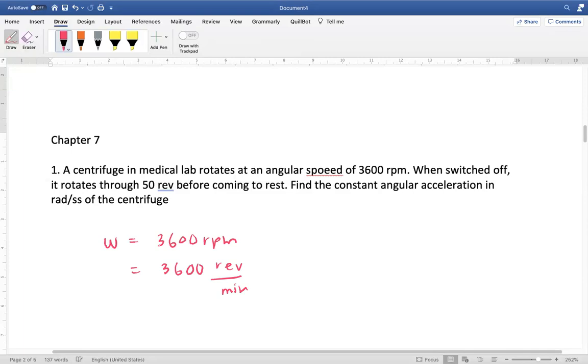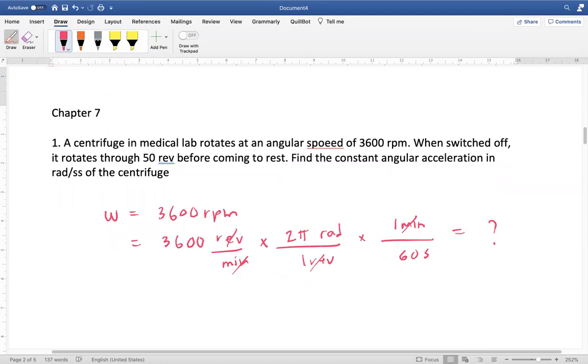What do you do with this type of unit? You convert it to SI always. So becomes 2 pi radians, don't forget your radians, over 1 revolution times 1 minute over 60 seconds. Okay, so potong-potong, rev, minute with minute. Okay, and then when switched off, maksudnya dia tengah putar-putar ni, waktu awak tekan off, so dia akan move slowly, dia akan decelerate.